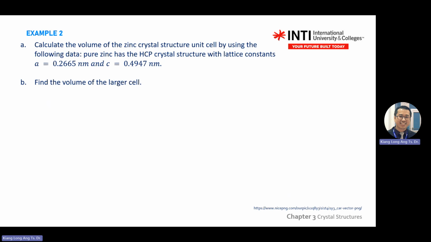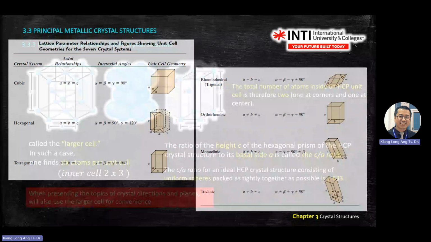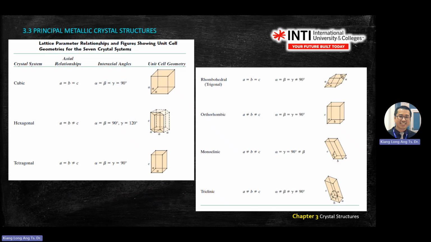Zinc has an HCP crystal structure with the lattice constants A and C. Just now you already know C over A equals 1.633. So how do you solve?